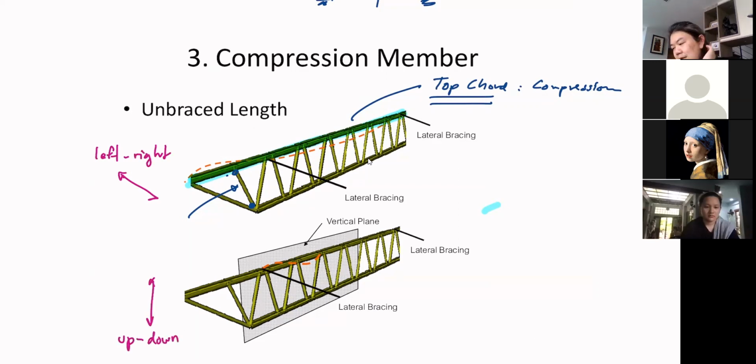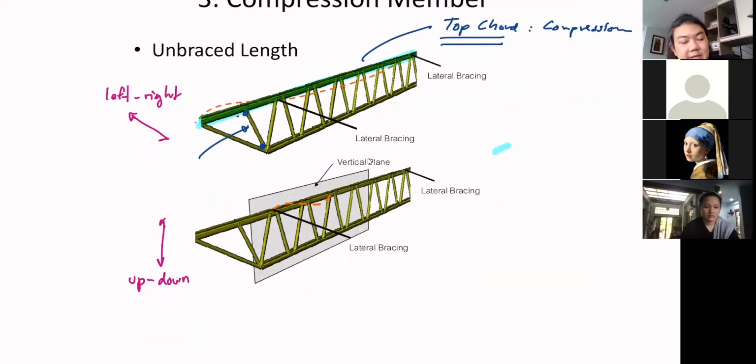This one, let us focus here first because it's easier to see. If the buckling will occur in this direction where your member will buckle up or down like this, the web members will act as your bracing, correct? Because it cannot move at this joint.